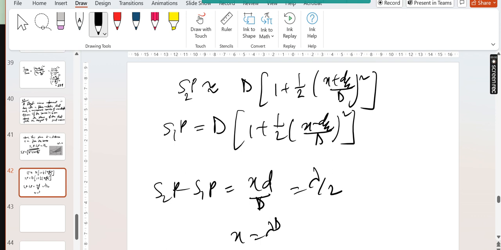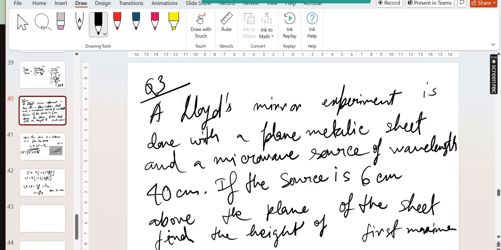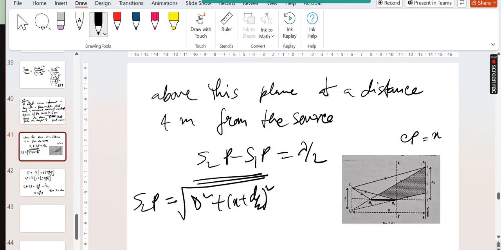So x is equal to lambda D by 2d. When you put this value, lambda is 40 centimeter, and here it is mentioned that the source is 6 centimeter above. So this is d and this is d by 2.